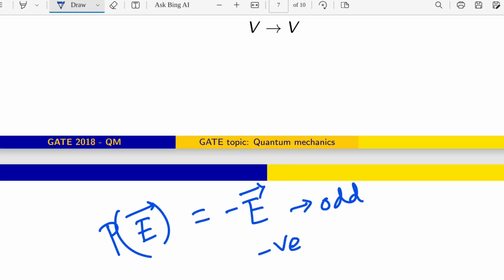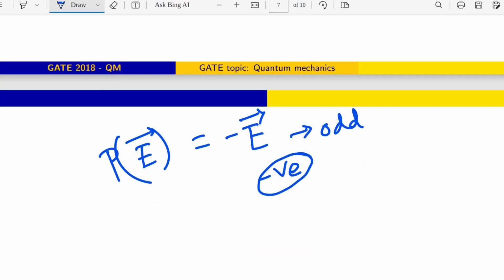The parity value is minus 1. So that's why the electric field is odd under parity.